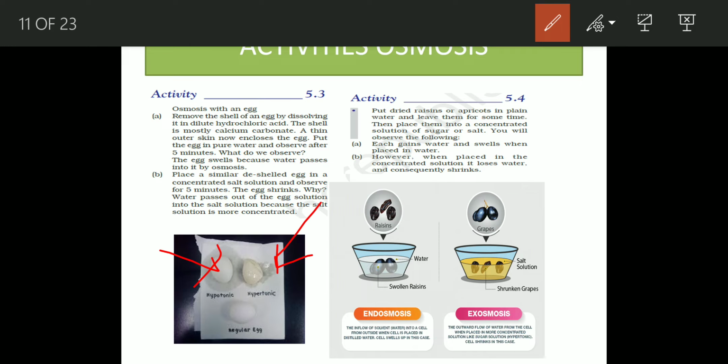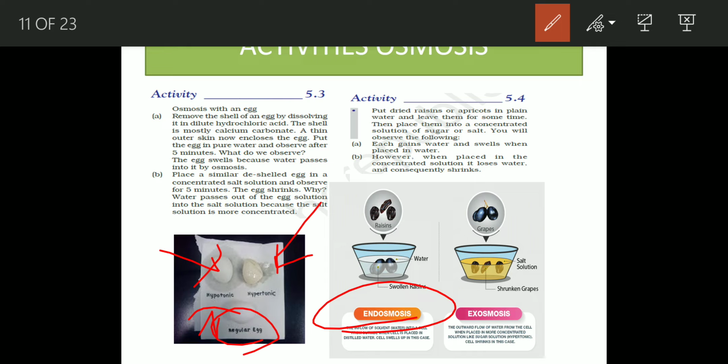So we can observe that here the egg swells up, becoming greater than the normal egg size because of osmosis, or we can call it endosmosis. What is endosmosis? Endosmosis is when water flows from the surrounding to the inside of the cell.